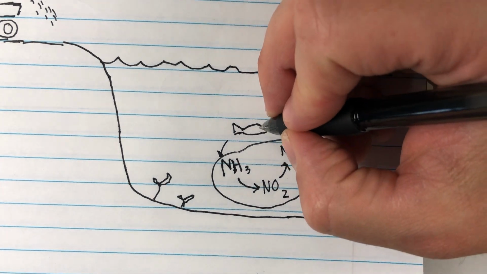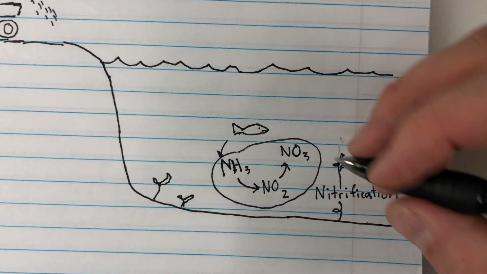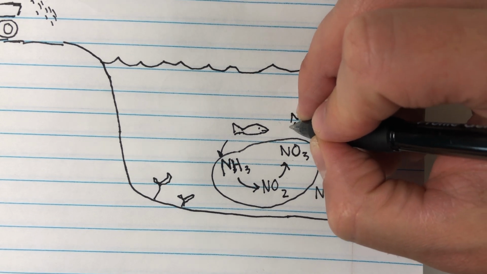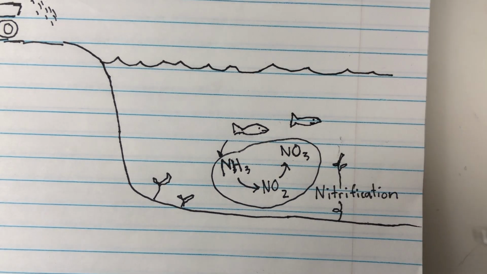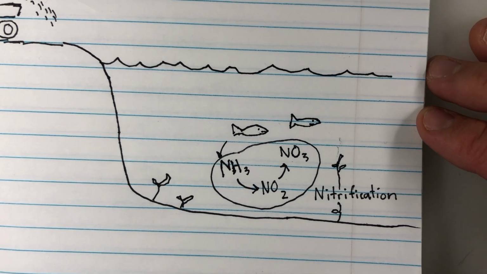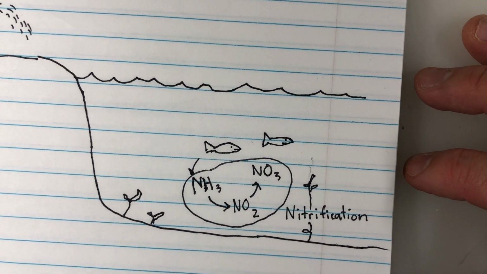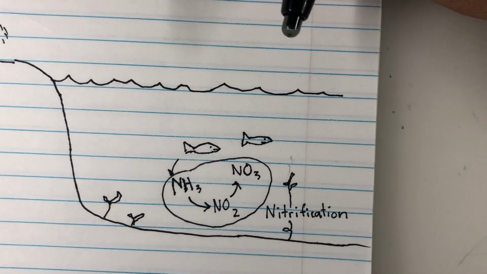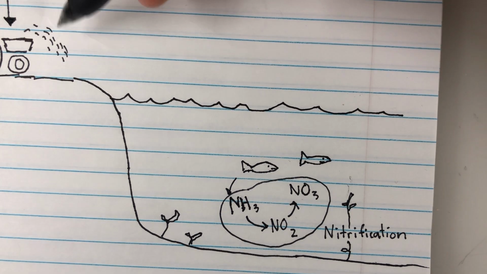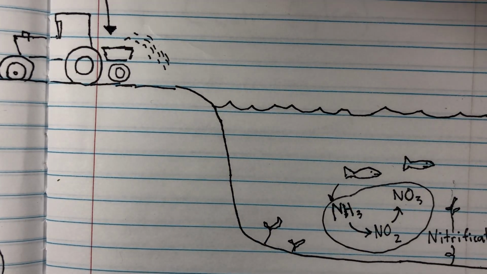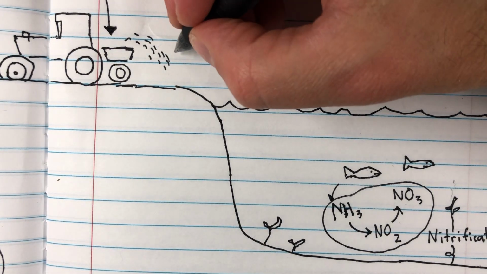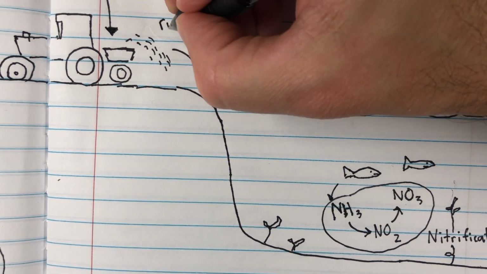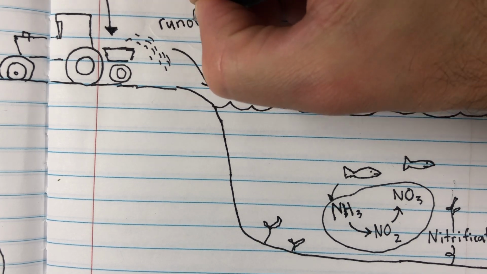Okay, and again, forgive my rudimentary drawings here. Draw some more fish. Okay, but what happens oftentimes is the unfortunate nature of this, and I drew this tractor on purpose next to our aquatic ecosystem because we also get, when it rains, we can get what's called runoff, okay?